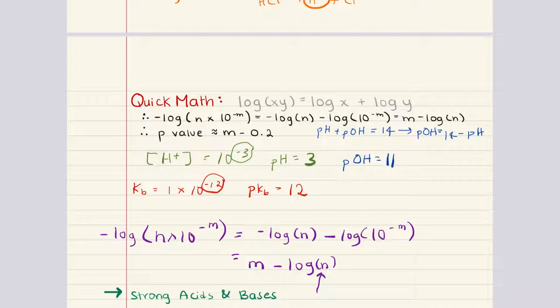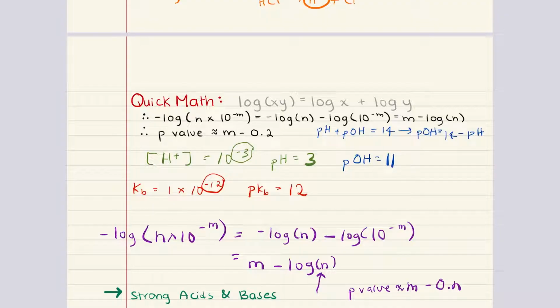And so as a reasonable approximation, we can write that the p-value is approximately m minus 0.n, where 0.n represents sliding the decimal point of n one position to the left, essentially dividing n by 10. So these kinds of rules are going to make your calculations a lot easier.